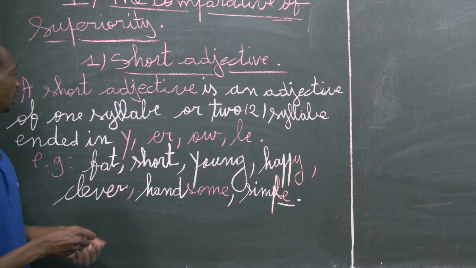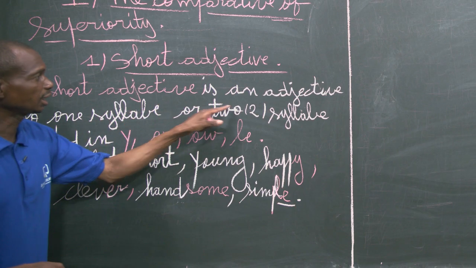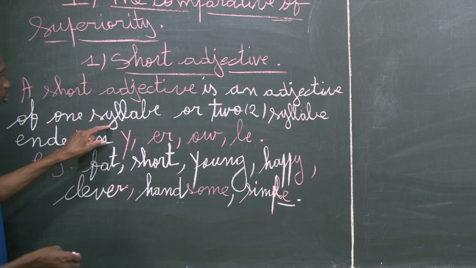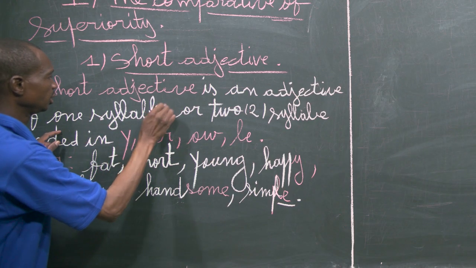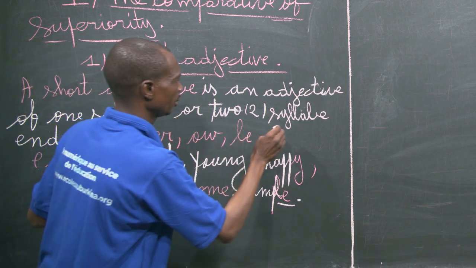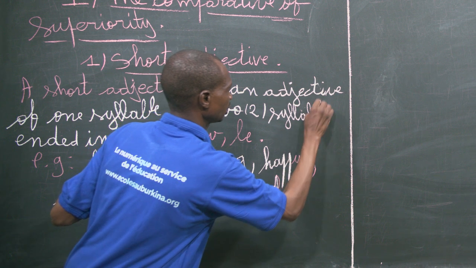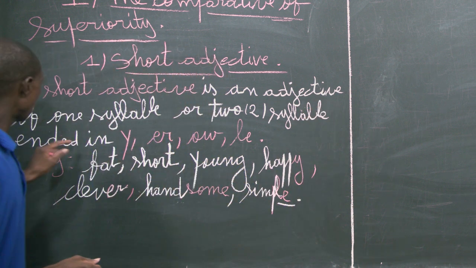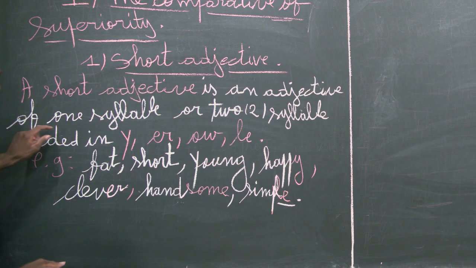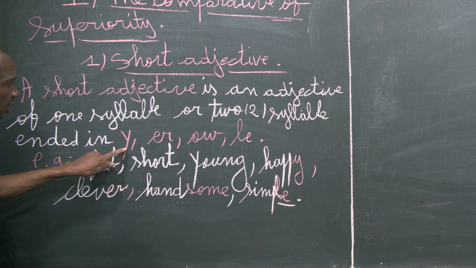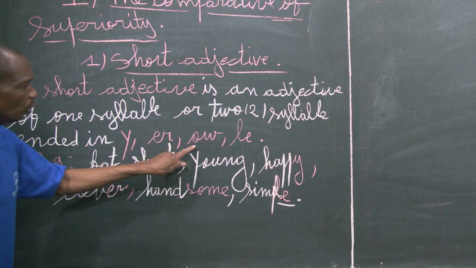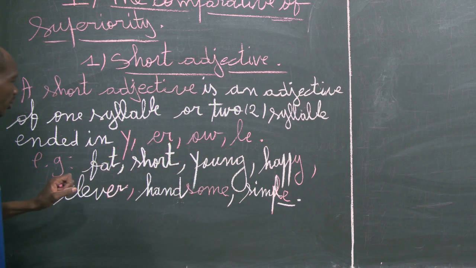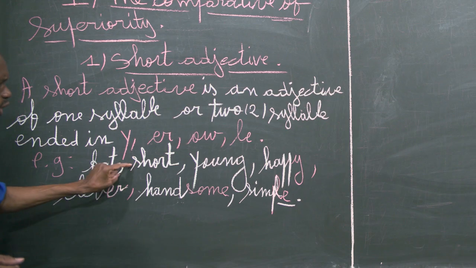So a short adjective is an adjective of one syllable, or an adjective of two syllables ended in Y, ER, OW, LE. Meaning that if it has one syllable, automatically it is a short adjective.